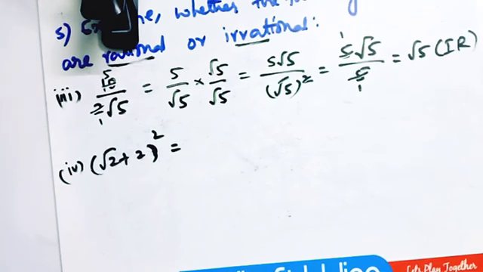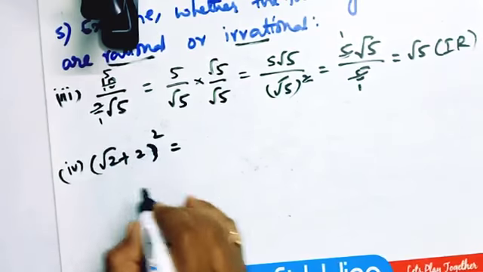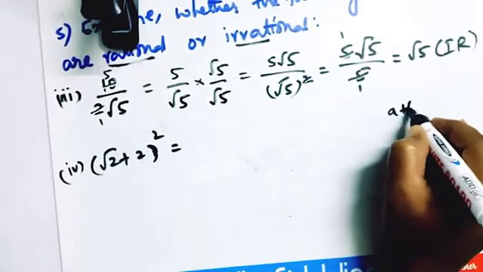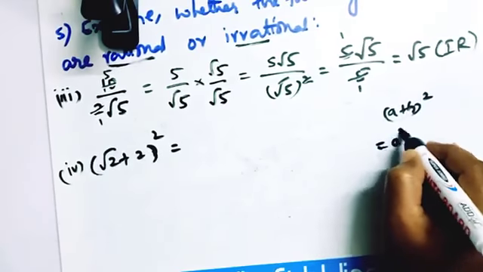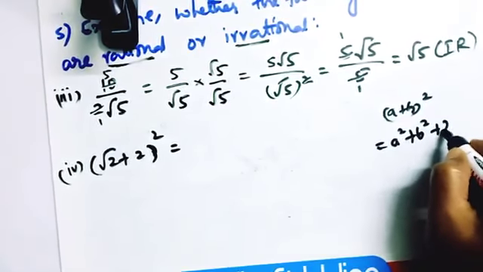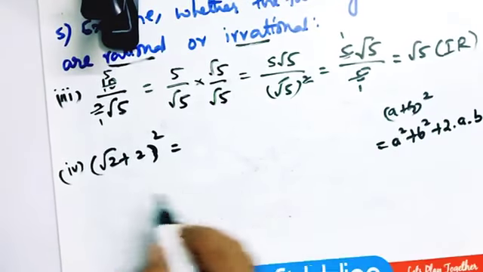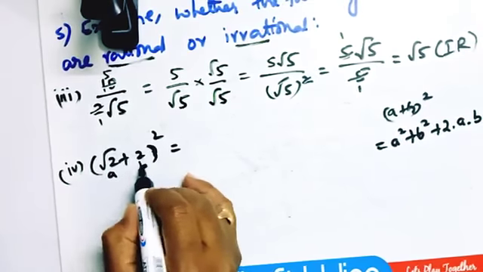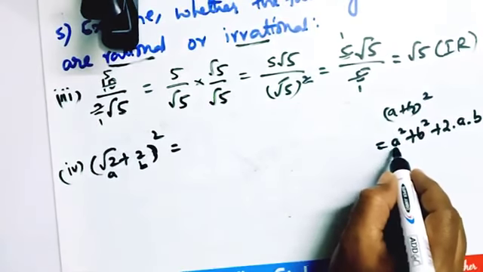Next question, root 2 plus 2 whole square. So you can compare this question with a plus b whole square. So a plus b whole square is nothing but a square plus b square plus 2ab. Now here a is equal to root 2, b is equal to 2, so now you can simplify by using the formula.